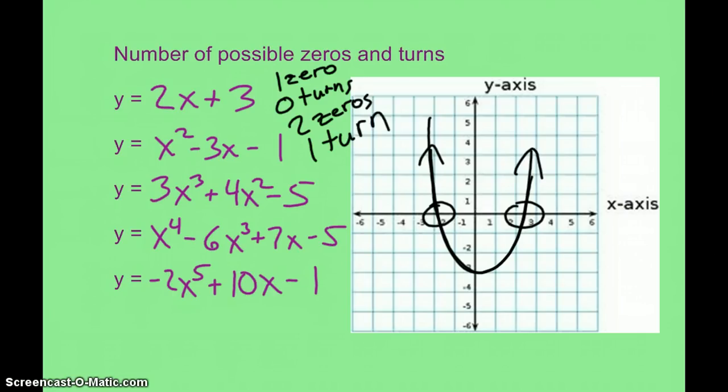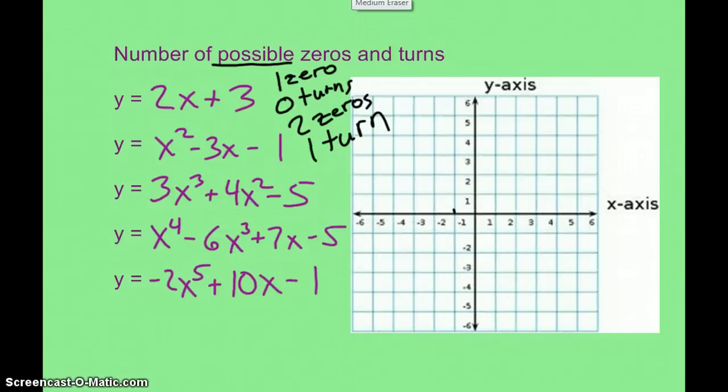Now, it's important that we understand we're not finding how many zeros the function is guaranteed to have, or how many turns it's guaranteed to have. We're saying that's the maximum number it could have. That's why we're using the word possible. It's possible for a quadratic to have up to 2 zeros.